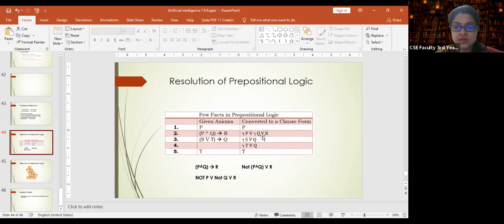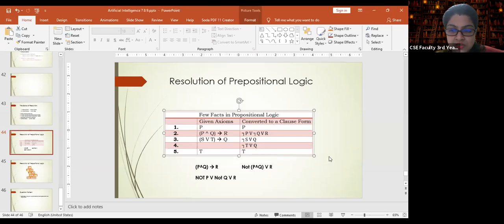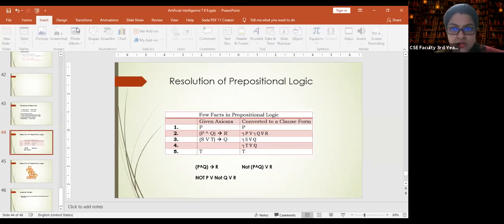You can practice it. The clause of this part can be this. We can break it as this. So S or T implies Q. Let me write it here.